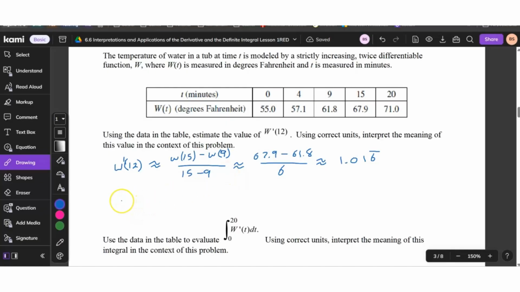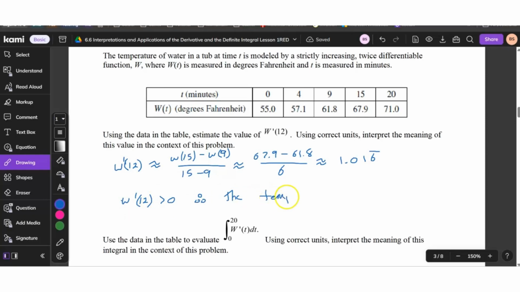What does this represent? Actually, it's 1.06. I mean, it tells us it's strictly increasing, but I guess the conclusion I would think of is this is greater than 0, therefore the temperature is increasing.